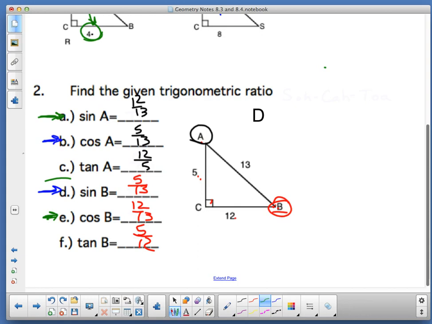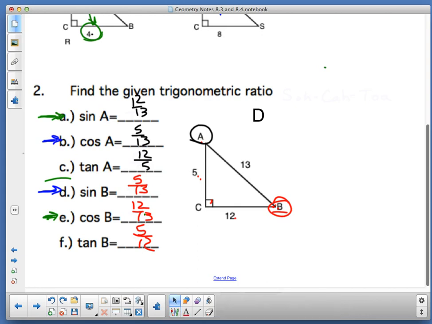I want to make sure that you start seeing that, because people always ask, why are they the same? It's because of their cofunction. It's directly related to their cofunctions. Now, that's something I expect my pre-calc kids to know backwards and forwards. You guys, it's a nice little tidbit to know, okay?